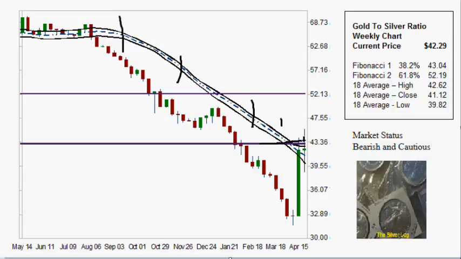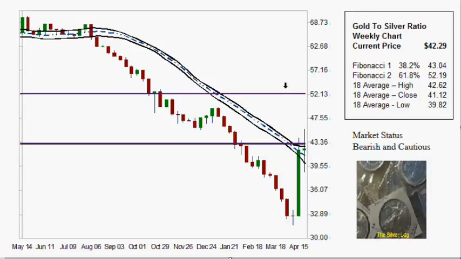The reason why it's cautious is because it's at an area of resistance, and if it can manage to break above and hold above this significant area, the trend would change to at least neutral, and I think even getting above here would take it to that of bullish.